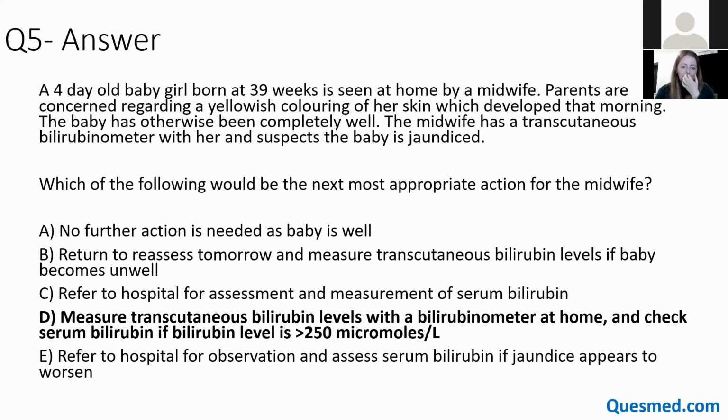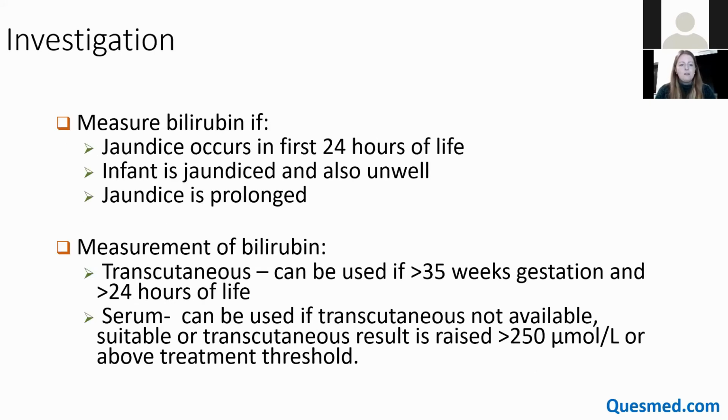But yes, the correct answer was measure the transcutaneous bilirubin levels and check the serum levels if the bilirubin level is above 250. So, investigation of jaundice. You measure bilirubin, and it's important to say you measure serum bilirubin if the jaundice occurs in the first 24 hours of life.